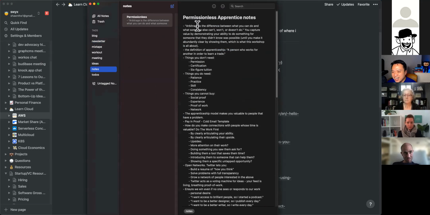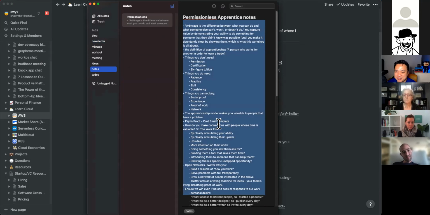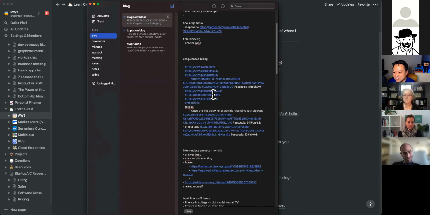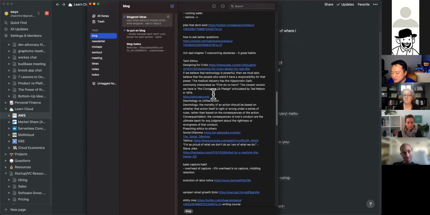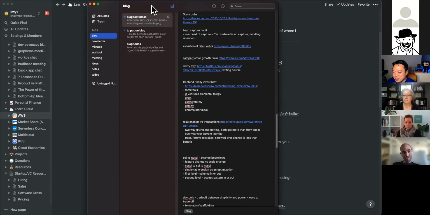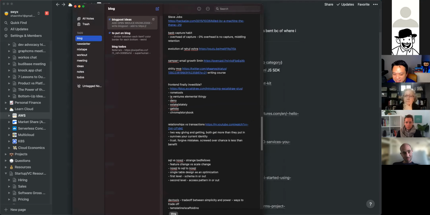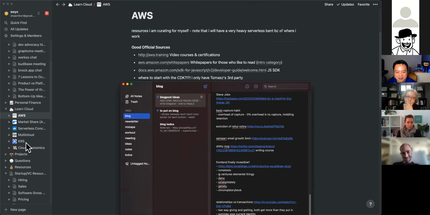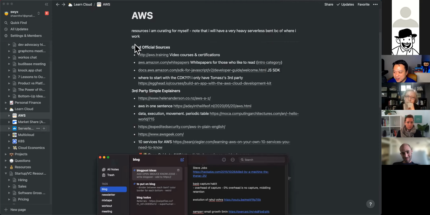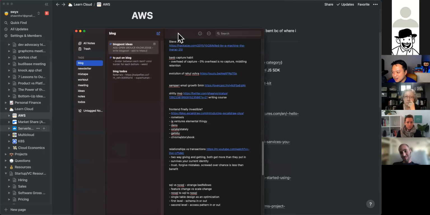These are notes. I don't know why I decided to put one note here instead of in Notion. I should have just done that. And here are our blog post ideas, which are just a random list of stuff. So it's super disorganized, but I know where to find them. That's the main thing that counts. So I have an organization habit here and a disorganization habit here, and it kind of works.